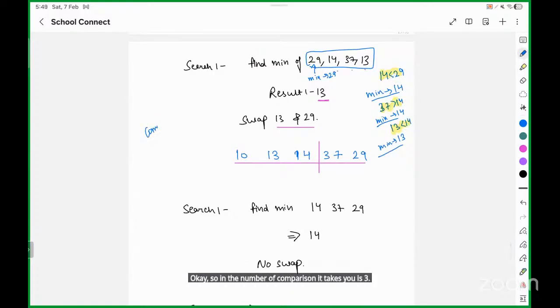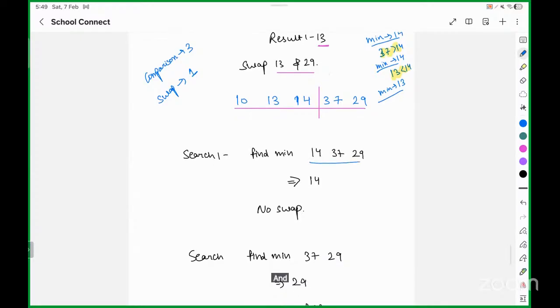So comparisons is 3, and the swap is again between 13 and 29, so just one swap. And if you look here, take your minimum to 14. Since 37 is greater than 14, your minimum is still 14. And 29 is greater than 14, so your minimum is still 14.